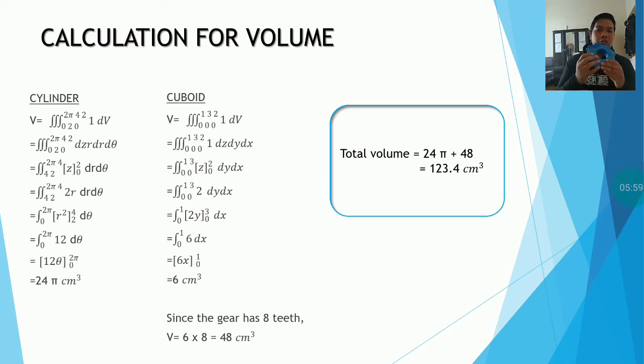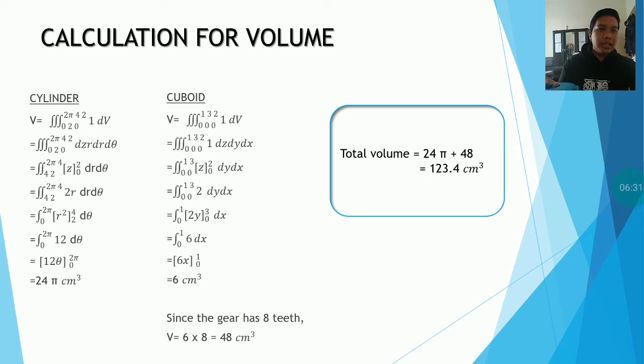To find the total volume, which is the sum of the total volume of teeth and the total volume of the cylinder, the equation is 24 pi plus 48 cm cube, and I get 123.4 cm cube. So this is the total volume for my gear.